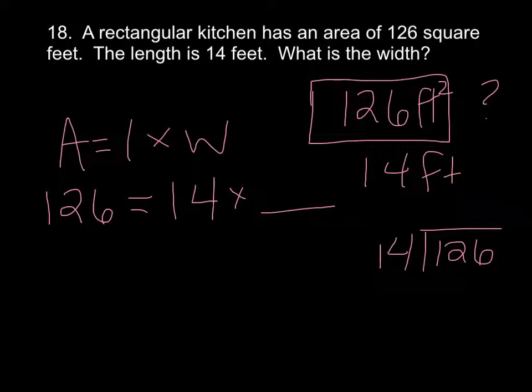I don't want to demonstrate that because I don't want us to get bogged down in that. We're not going to have a problem on the test where we can't use a calculator. So I've got my handy-dandy calculator right here in my hand, and I just punched in 126 divided by 14, and it's telling me that I can get 9 groups of 14.